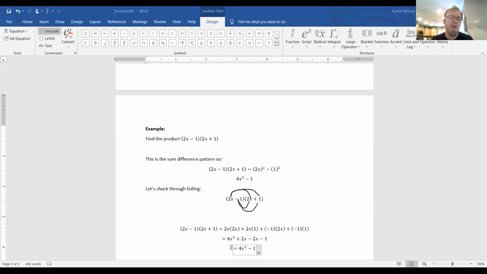Now I can apply the zero product property, step 3.